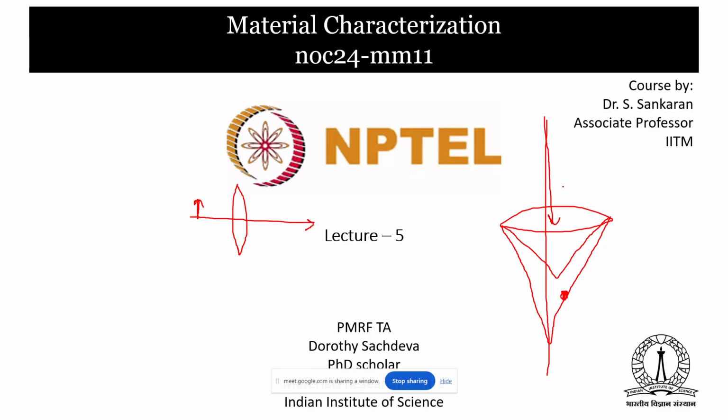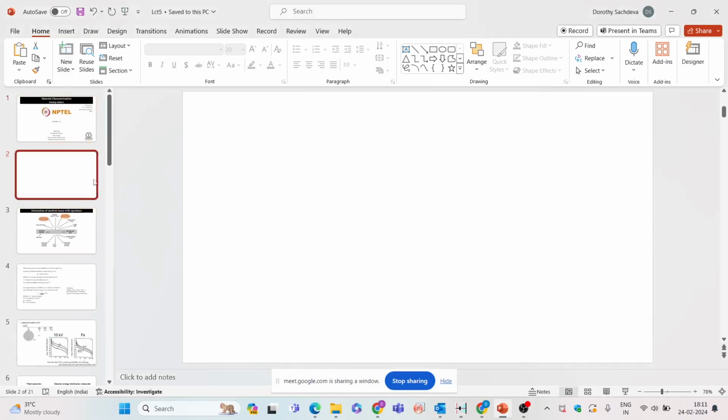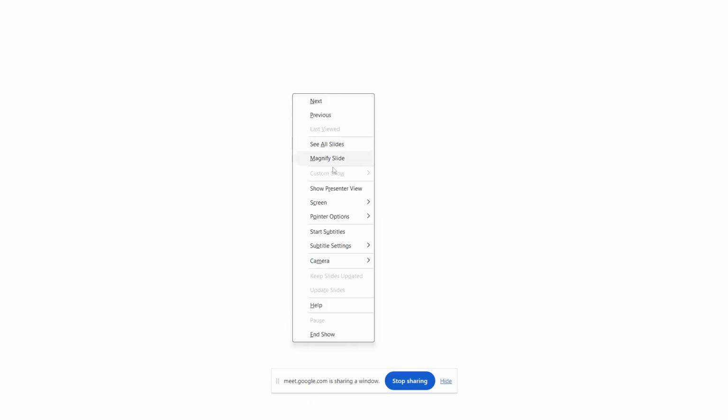In the SEM, let me take one blank page and draw it. If this was our lens, this was the optic axis.